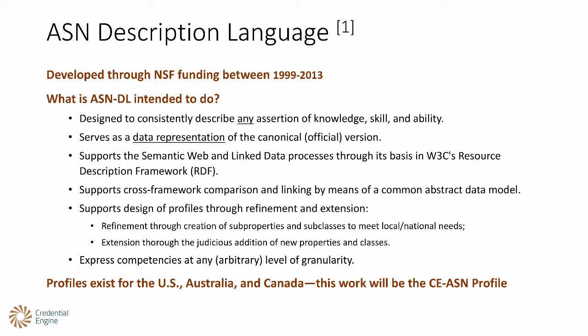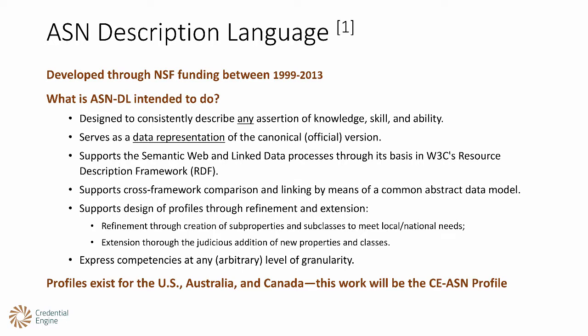So the Credential Engine has its own profile of the ASN. So you can refine it by subclassing and making subproperties of existing stuff, or you can add new properties or classes where ASN falls short of saying something about a competency framework that you need to have said.